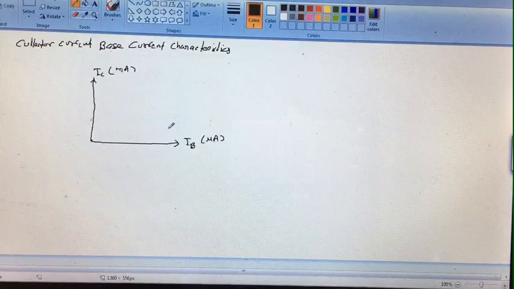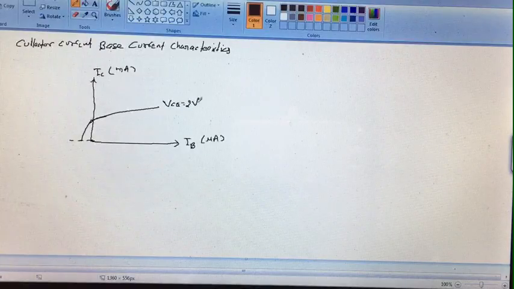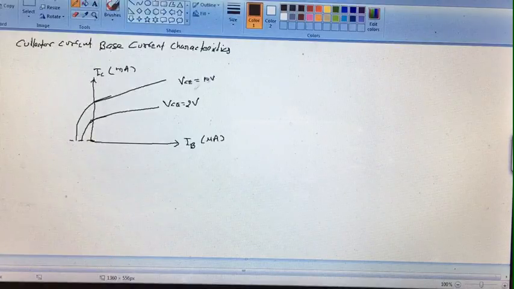Now, we have observed that at zero voltage there was a certain current. In that case, the graph will start in this manner. Let this be at VCE equal to 2 volt, then as we increase the VCE, let this be 10 volt.